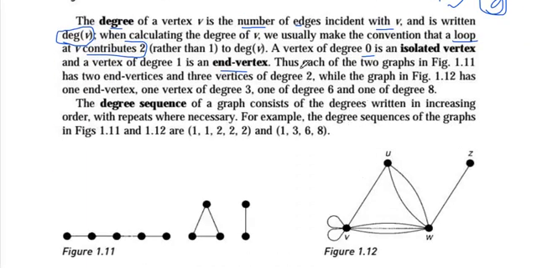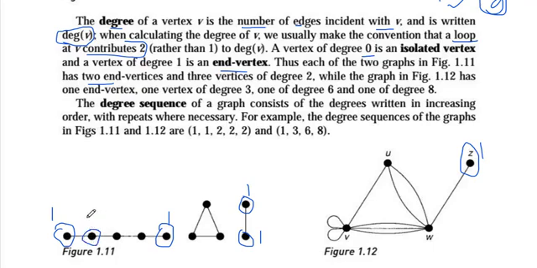Here also these two are end vertices, because their degree is 1. Here Z too is an end vertex. So figure 1.1 has 2 end vertices, and 3 vertices of degree 2.